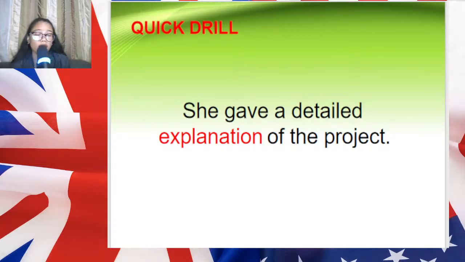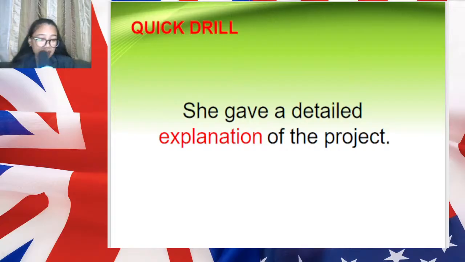Here we see the classic tion suffix, and it's one of the easiest patterns. In explanation, the syllables are ex-pla-na-tion. Again, the rule says the stress falls directly before tion.